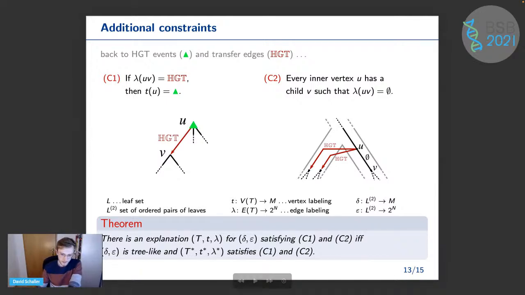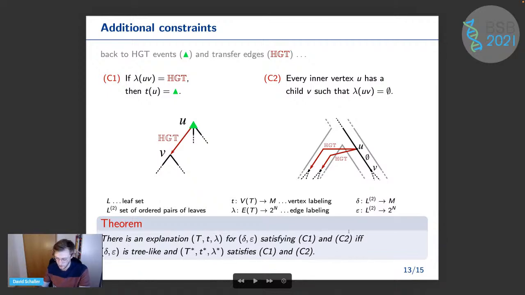So at first glance, this looks like a more complicated problem than before, but it turns out that there is some explanation that satisfies C1 and C2 if and only if the unique least resolved tree also satisfies C1 and C2. So since this can be constructed in polynomial time, we can also easily check whether it satisfies C1 and C2. And if it doesn't, then we can stop searching because we know from this result that there is no other explanation that also satisfies C1 and C2.